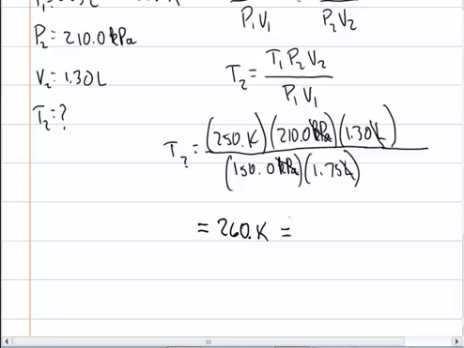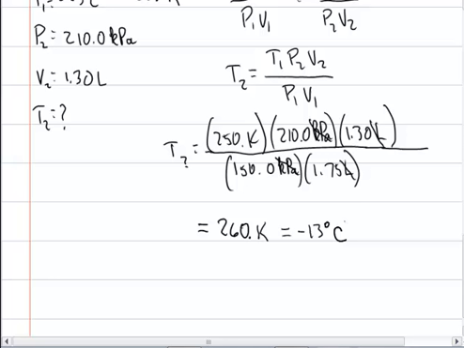To convert this back, you simply subtract 273 from this, and you get minus 13 kelvins. And again, that's the correct number of significant figures. Okay? So, I'm sorry, not kelvins. You get minus 13 degrees Celsius. Okay? And that's how you do these problems. That's basically all there is to these problems.